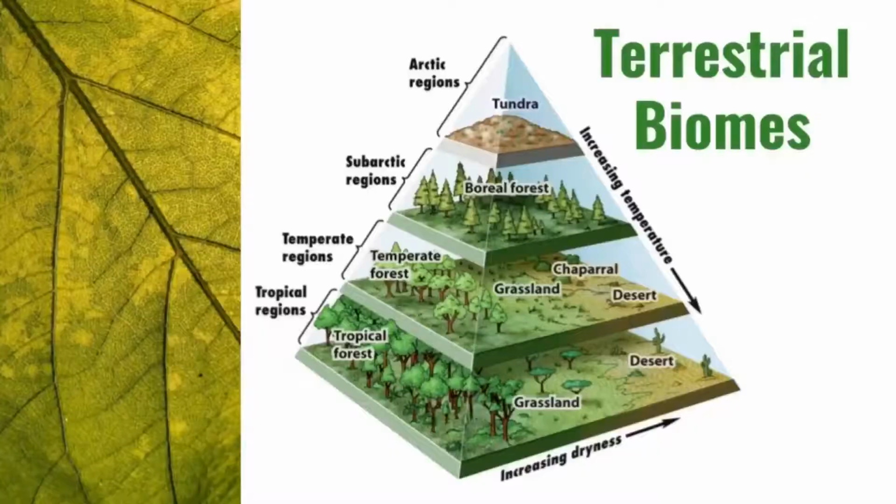So you can see that the terrestrial biomes are classified according to their moisture and also their temperature. You can see that triangle: on one side it is increasing temperature, and increasing dryness is on the bottom.